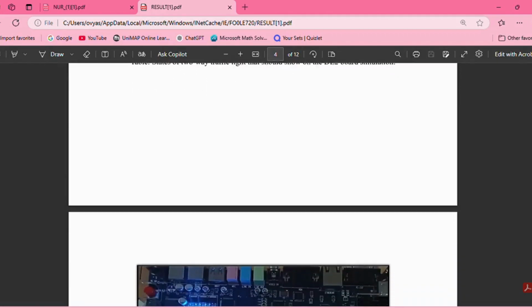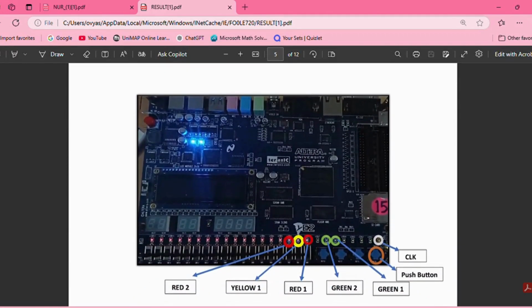If we see here, this is where we assign the pins, the LED light outputs on the DE board. We have about 6 outputs, and we have used a push button for our project.